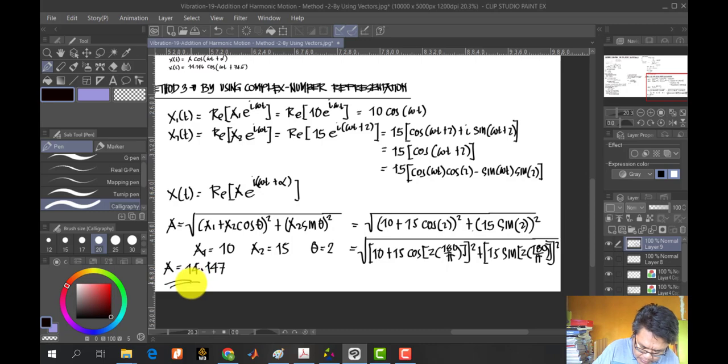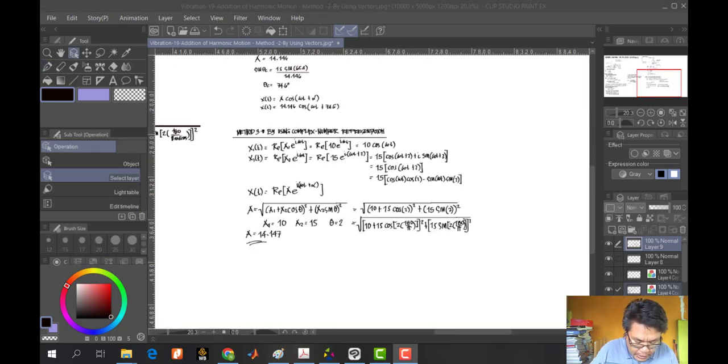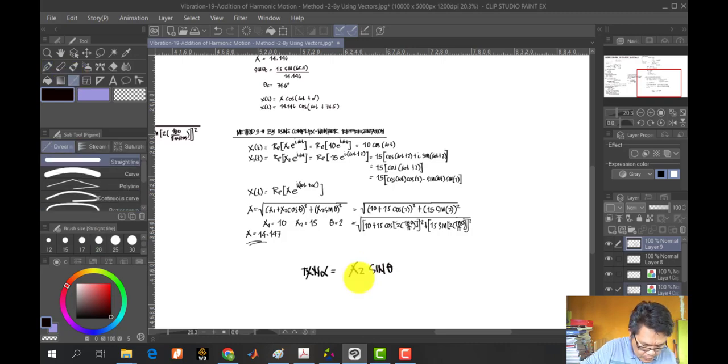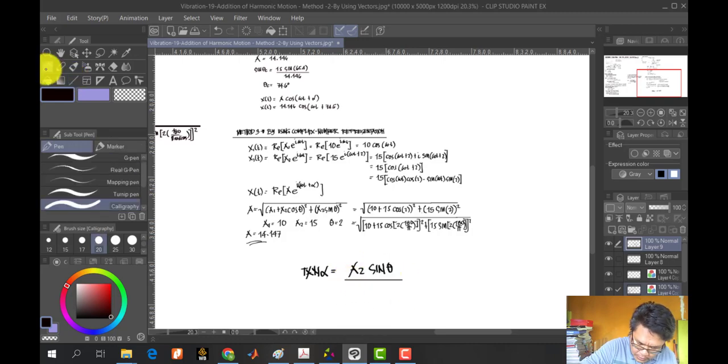Now for the angle, tangent of alpha is equal to a sub 2 sine of theta, divided by a sub 1 plus a sub 2 times cosine of theta.